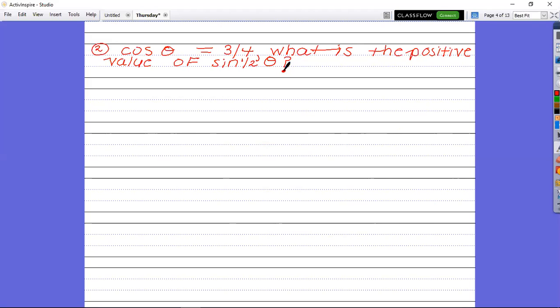So sometimes you'll use the positive, sometimes you'll use the negative. So I'll give you one of each today. So we are going to do that sine of 1/2 theta is equal to the positive, because I told you so, and square root of 1 minus cos theta over 2.